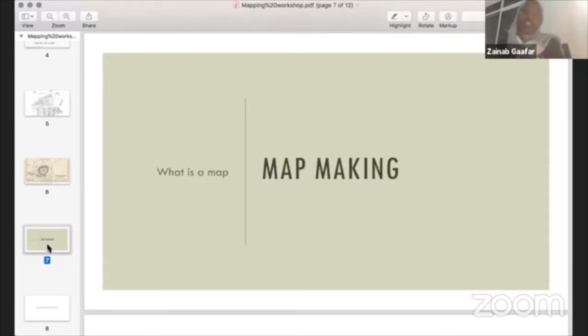So all of this got me to the point of asking what map making is and what a map is. Even though I know what a map is, and I've been working with this for a while, I tried to look for a definition to use, but found so many that I couldn't decide which one to put.